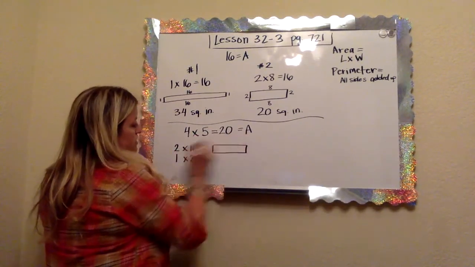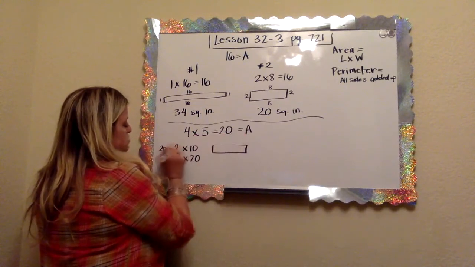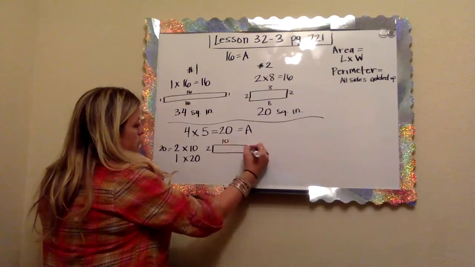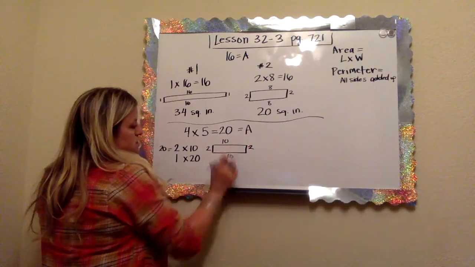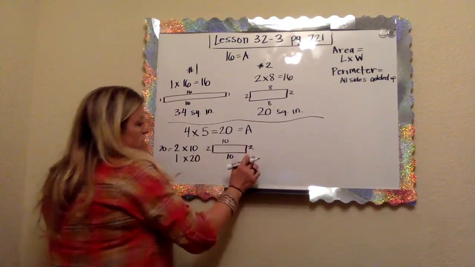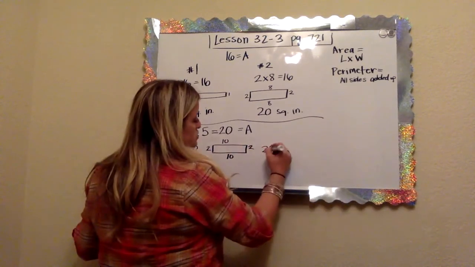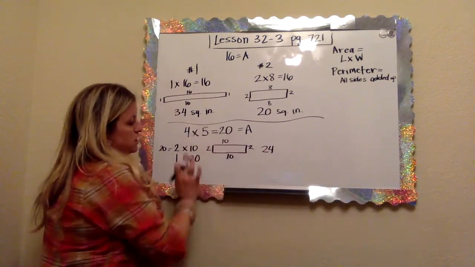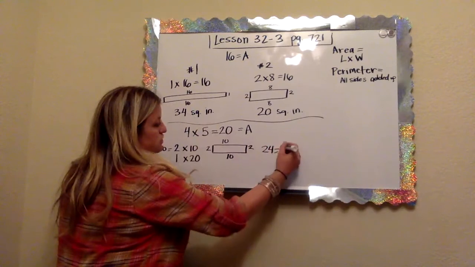I know my area is going to be the same, because 20 is equal to 2 times 10. However, I don't know what my perimeter is going to be. 10 times 2 is 20. 2 times 2 is 4. So my perimeter is 24. You can add this up, you can multiply, whatever is easiest for you.